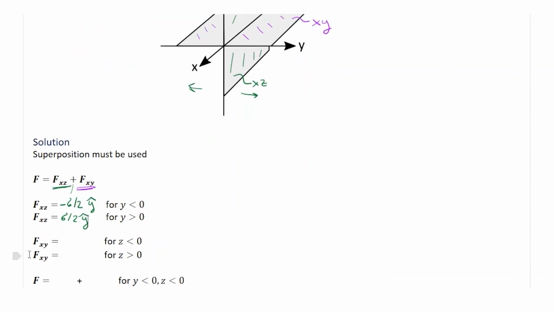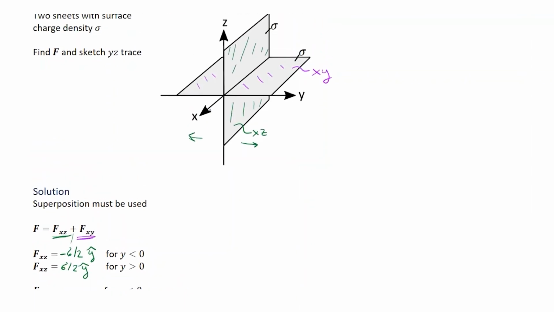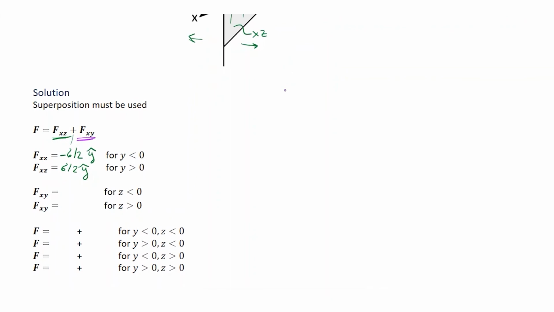For field Fxy, we have the following. We have the field going up for z that's positive and down for z that's negative. So for negative z, we have negative sigma over 2 z hat. For z positive, we have plus sigma over 2 z hat.